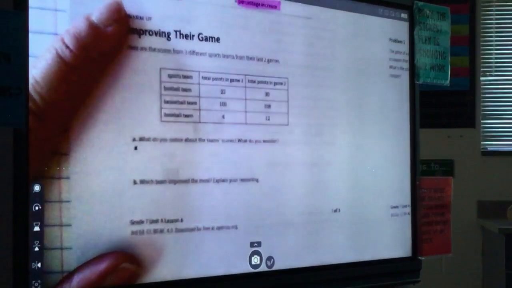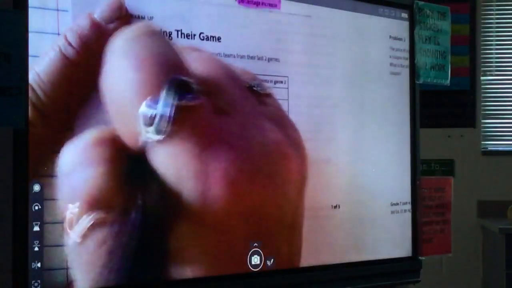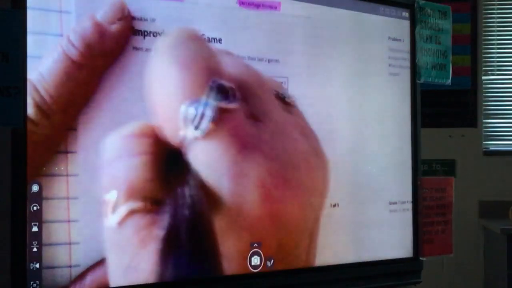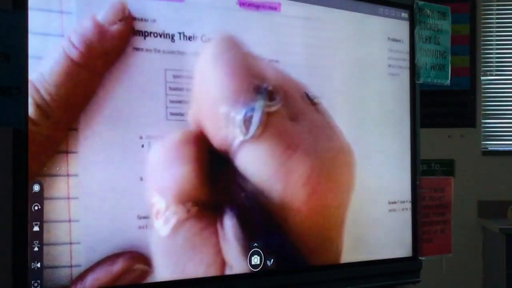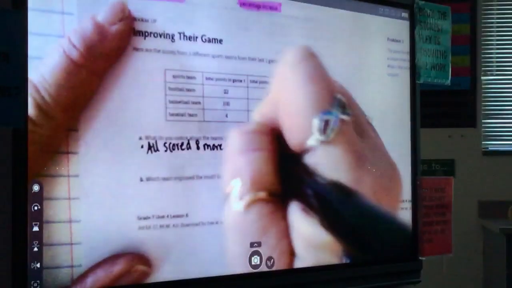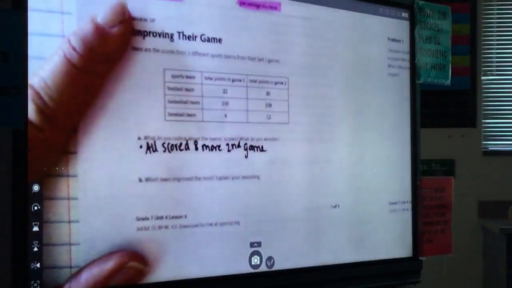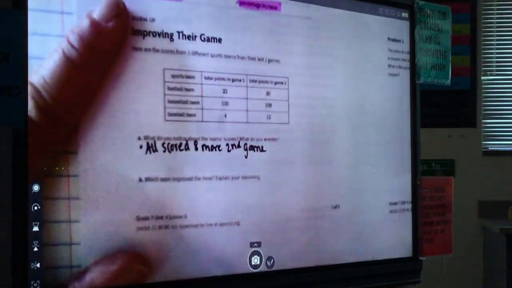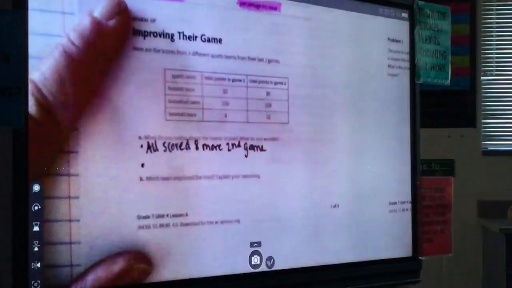Seth. All scored 8 more. You said the second game? Okay. What else did we notice? Summer. We had a lower amount of points in the first game.